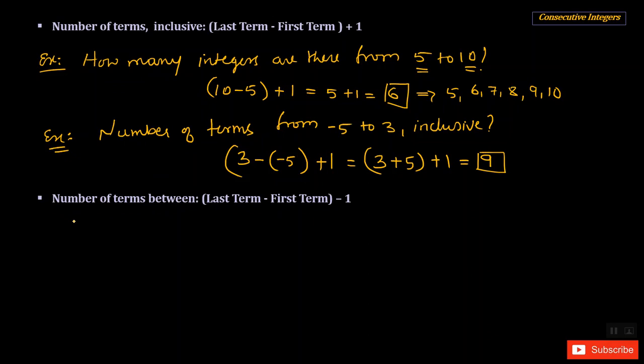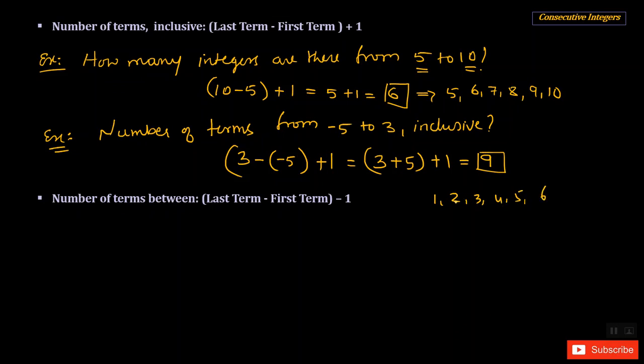So the difference between inclusive and the number of terms between is that when we talk about the number of terms between, I won't be considering the first and the last term. So let's take an example. I have the numbers 1, 2, 3, 4, 5 and 6.